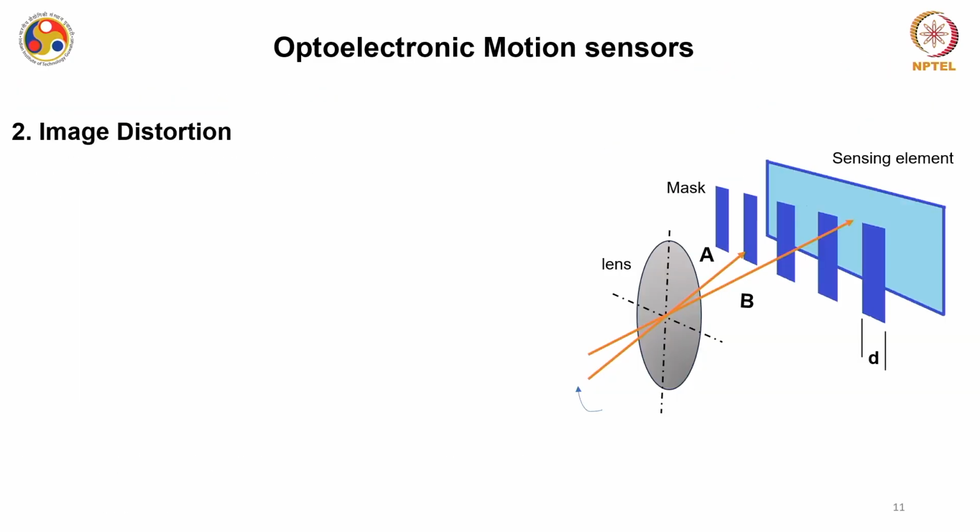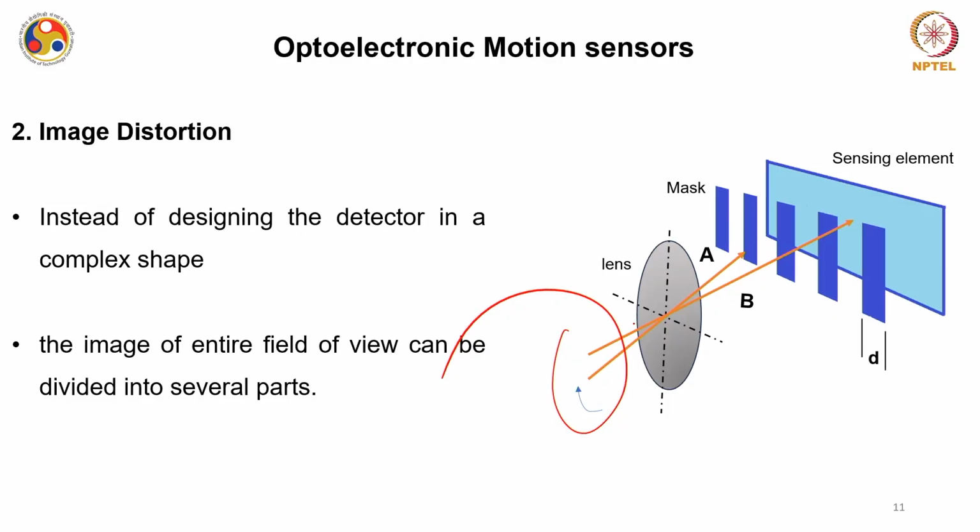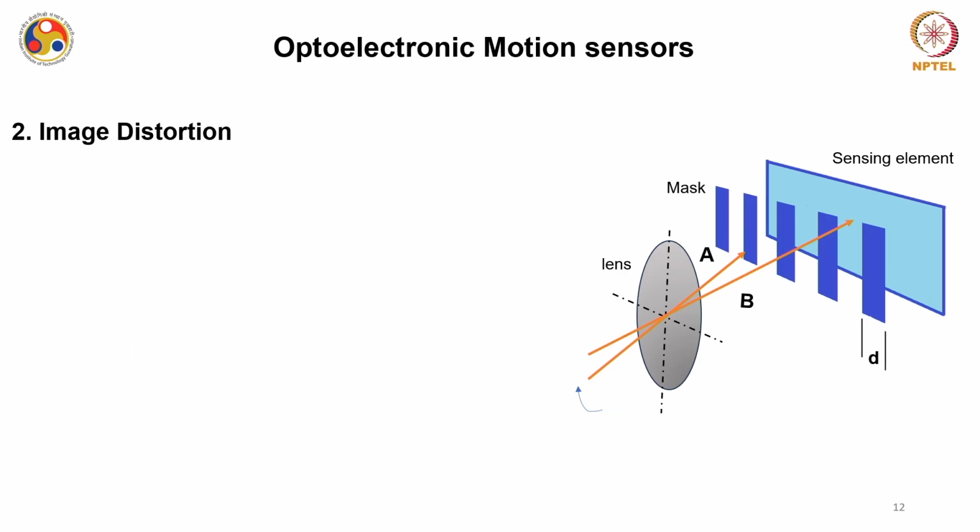Okay. There is one more way with which you can have a larger field of view, which we call image distortion. So instead of designing the detector in a complex shape, the image of the entire field of view can be divided into several parts. So you have this field of view, and the image itself is divided into several parts.